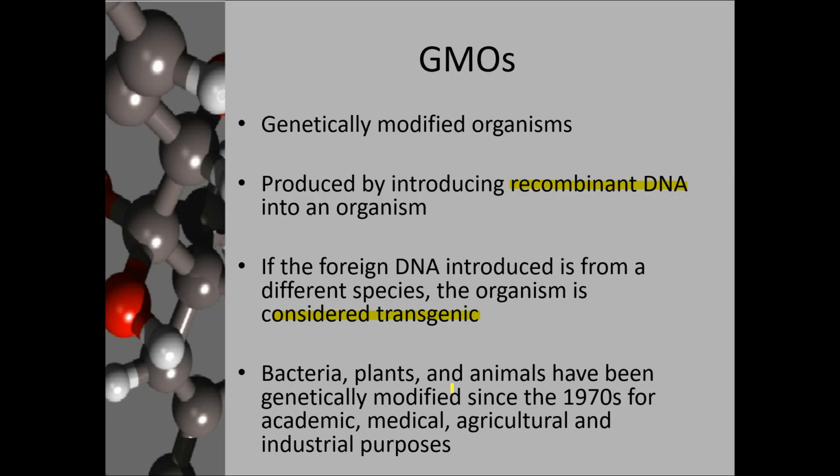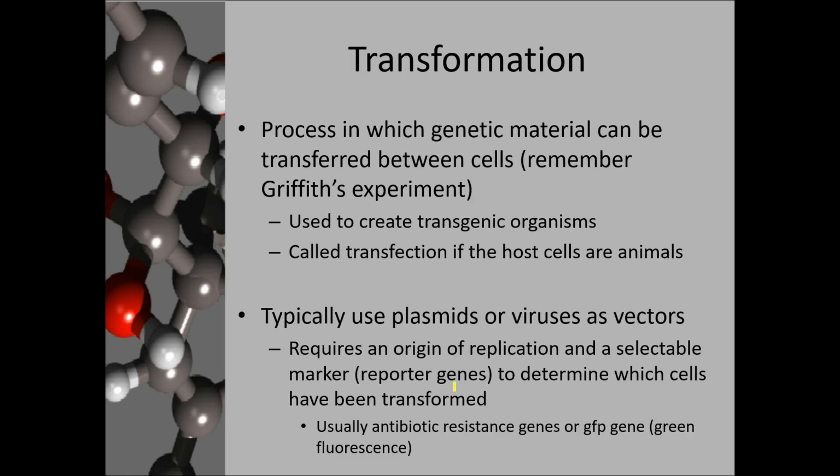We also saw in the video that we genetically engineered bacteria to clean up oil spills. So there's all different types of things that we can do. It just simply involves putting a gene from one organism into another. Now, in order to do that, it involves the process of transformation. Now, we saw transformation back in the bacterial genome notes. Transformation, by definition, is just the uptake of foreign DNA, okay?